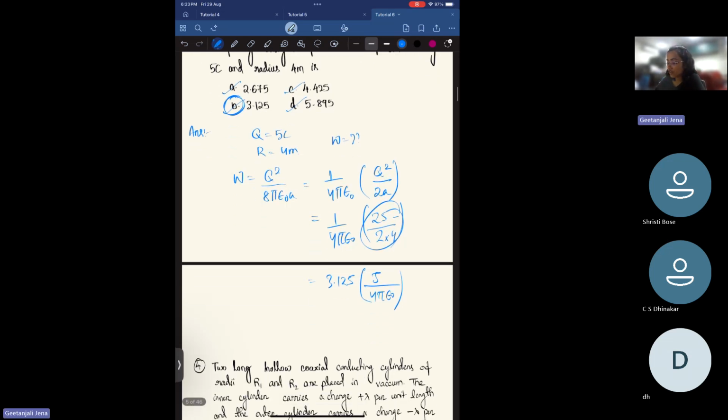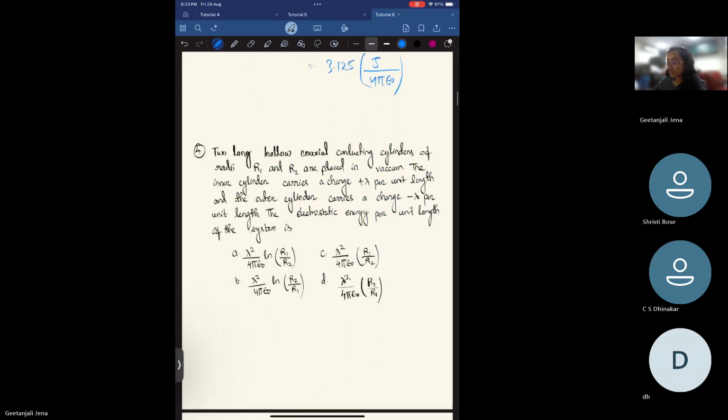Okay, so let's move to our next problem. So I will solve the problem because it will take some time to solve it. Go through the problems, go through the steps I am doing. If you have any doubt, let me know. Okay.